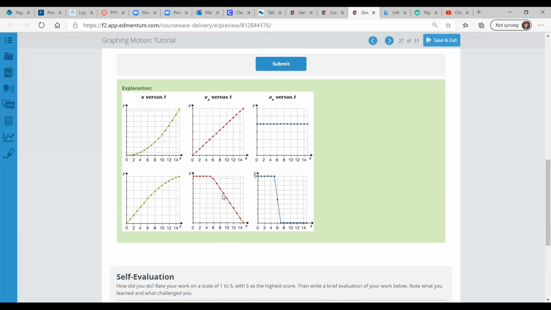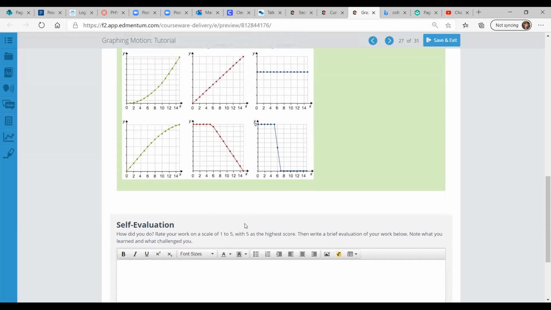But then the velocity changes negatively. And so this graph should have a negative number. It should be acceleration is zero, and then acceleration is actually negative. So this should be a flat zero, and then it would drop to a flat negative number too.